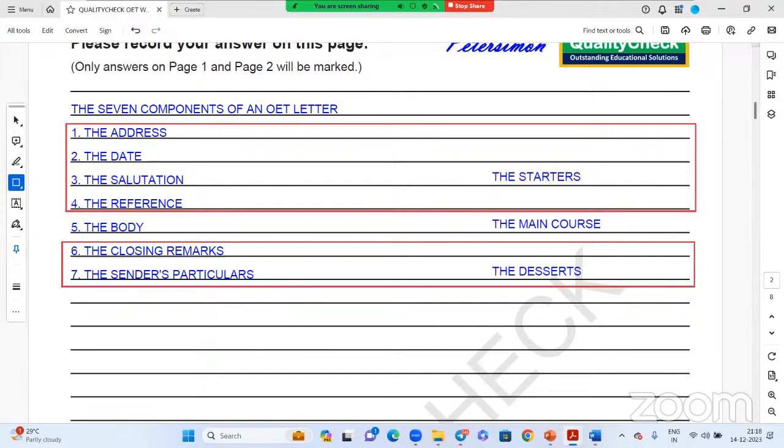So let us take the main course here. This is very, very important.